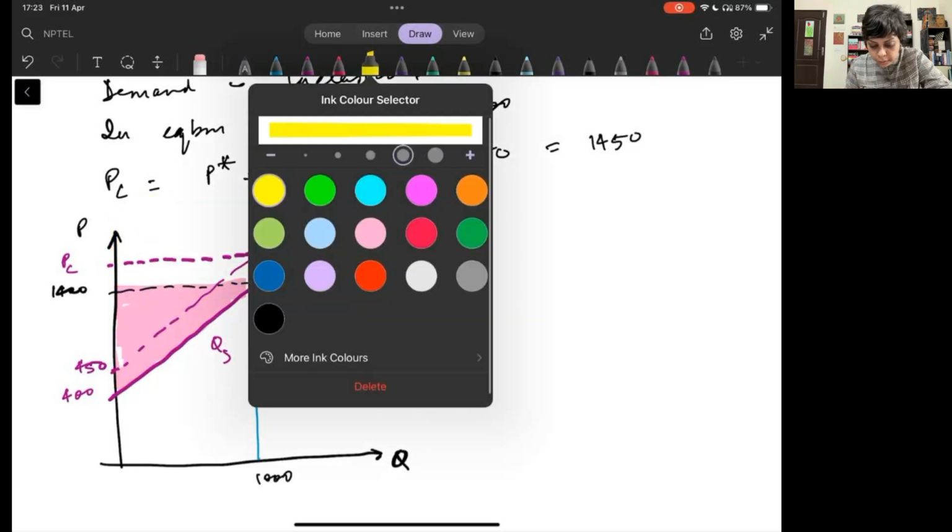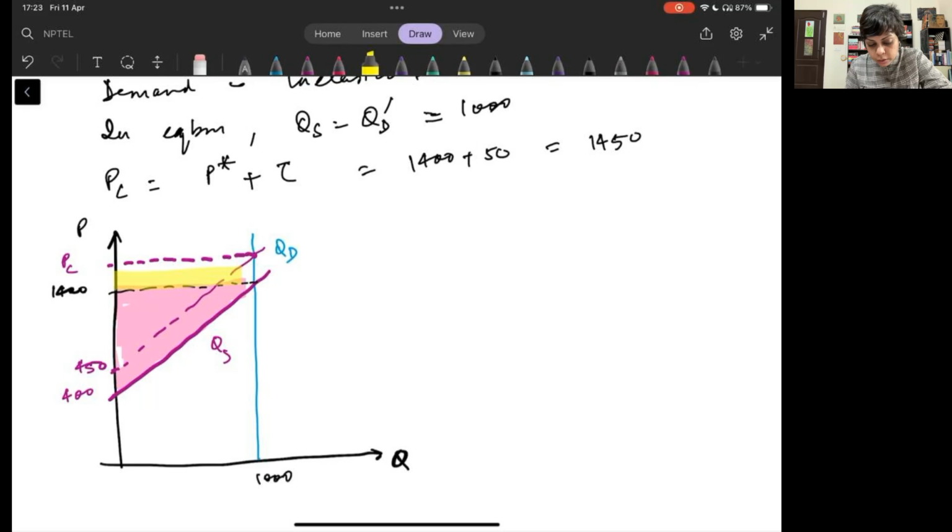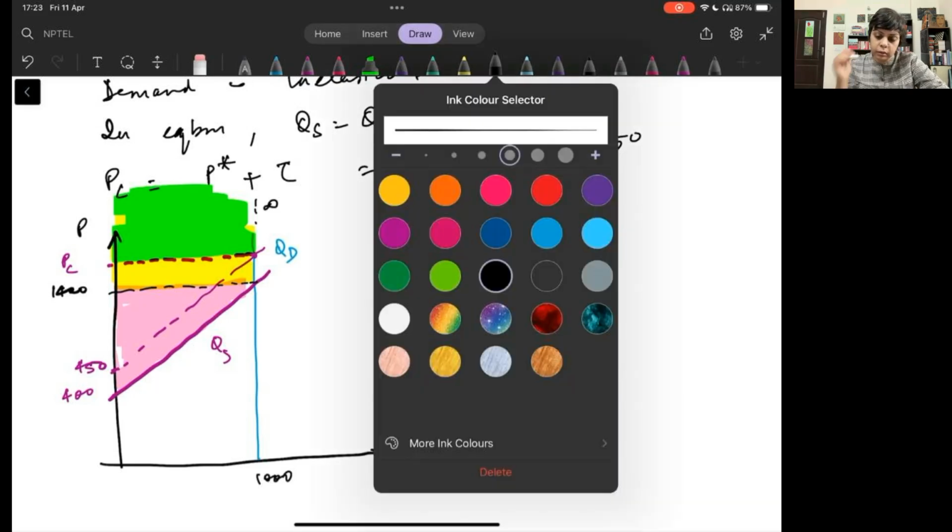So this whole area initially was the consumer surplus, and now after the tax, this whole area is the consumer surplus. But since the whole thing is still infinity, the consumer surplus is not changing.